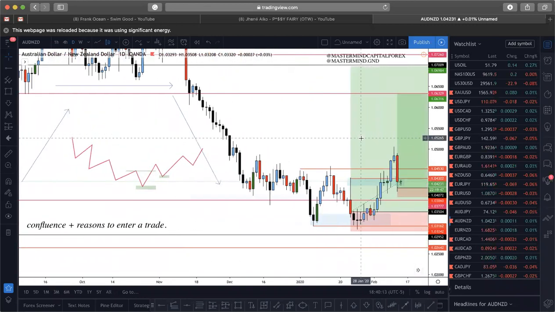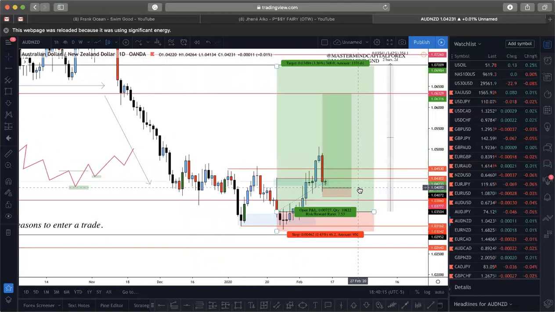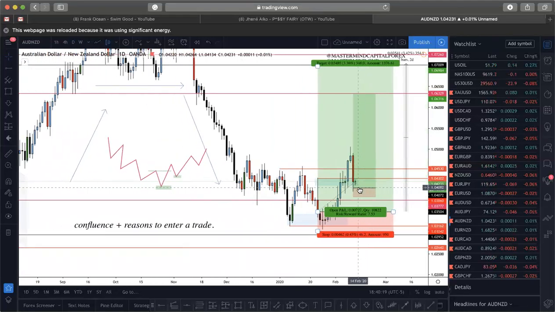So we have this example right here. On the daily chart, Aussie NZD, Australian versus New Zealand dollar. We have the market in a downtrend, right?